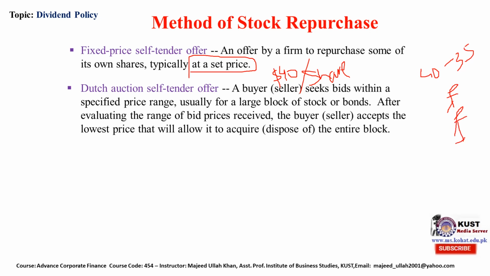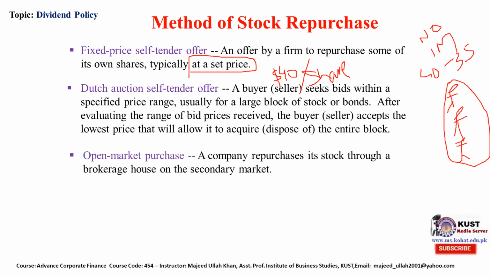The persons who bid less, their shares will be bought by the company. The number of shares needed is also announced, let's suppose 1 million, 2 million or 3 million shares, and the price range is given to the shareholders.